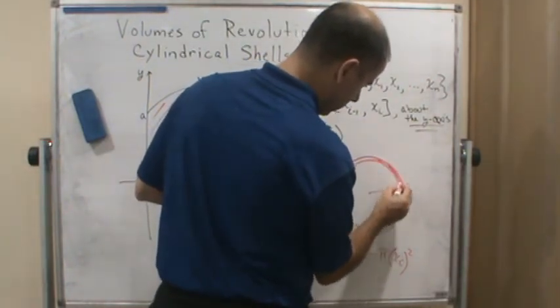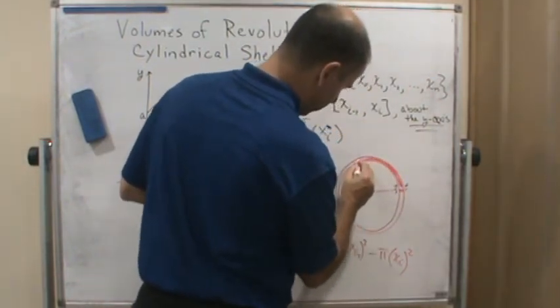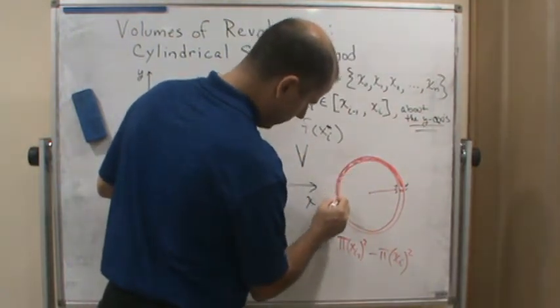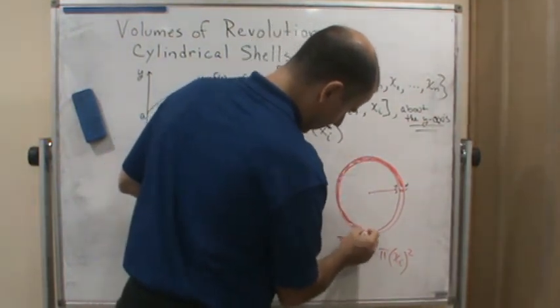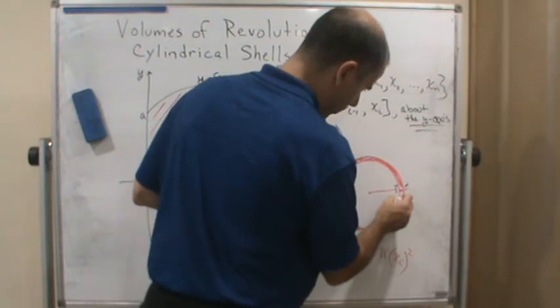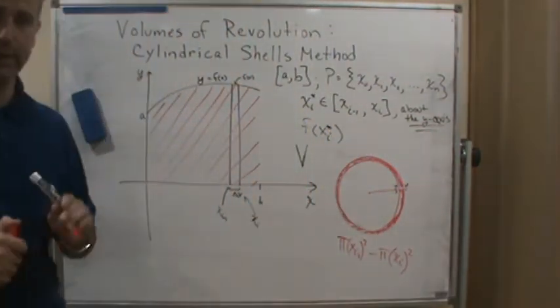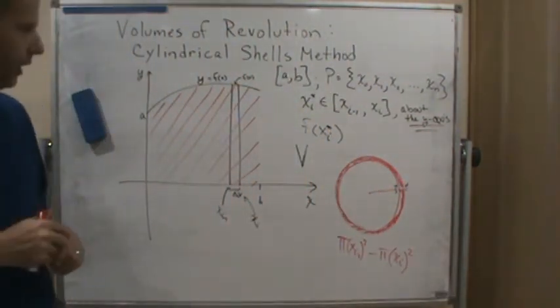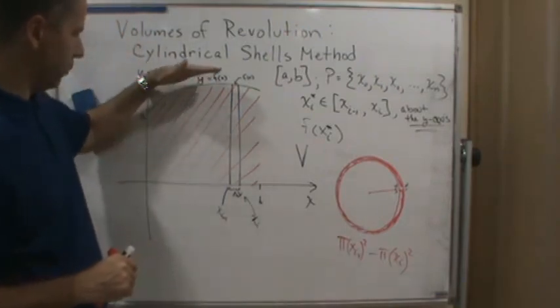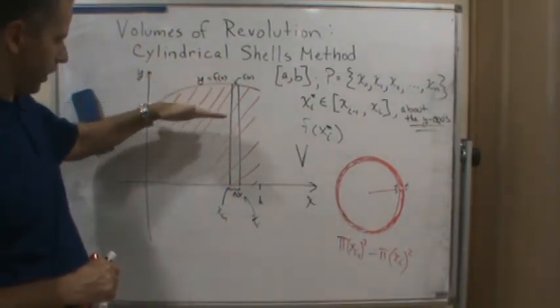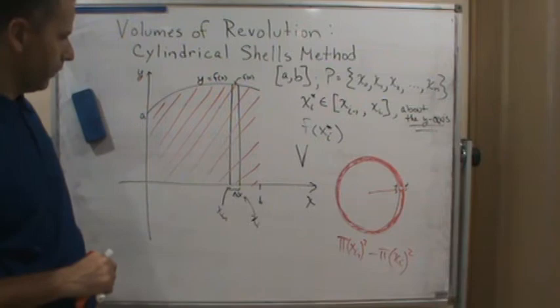So we just found, looking down, this is the cross-sectional area. So it's like a washer again, right? But we're looking at the washer from a different perspective. So we're not doing the washer method where we rotate the washer around. Okay?